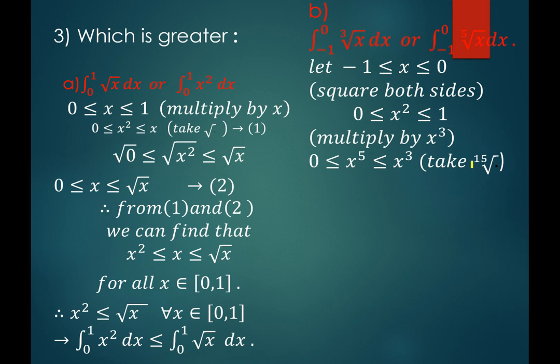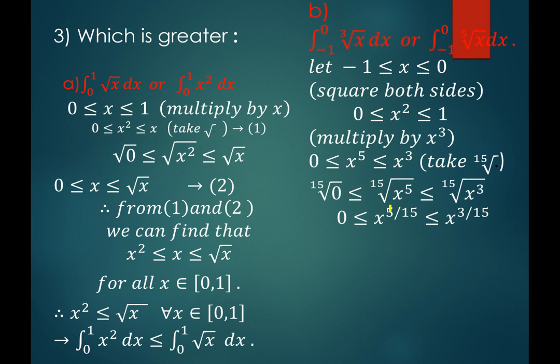So take the 15th root to get rid of these powers. Look, we are taking the 15th root for each. That will make it exactly as 5 over 15 and 3 over 15.